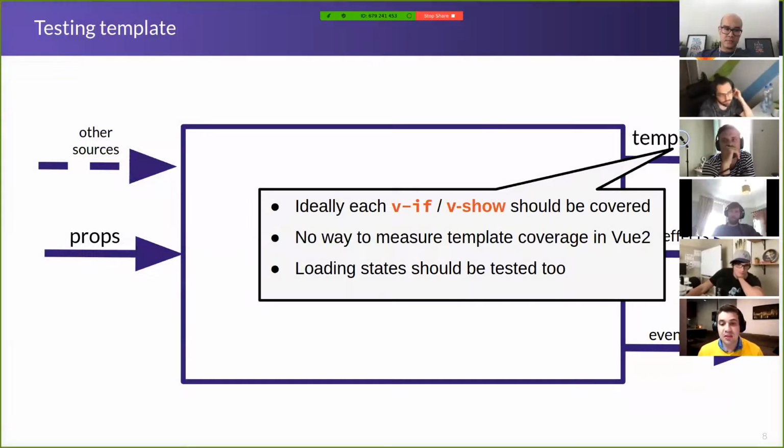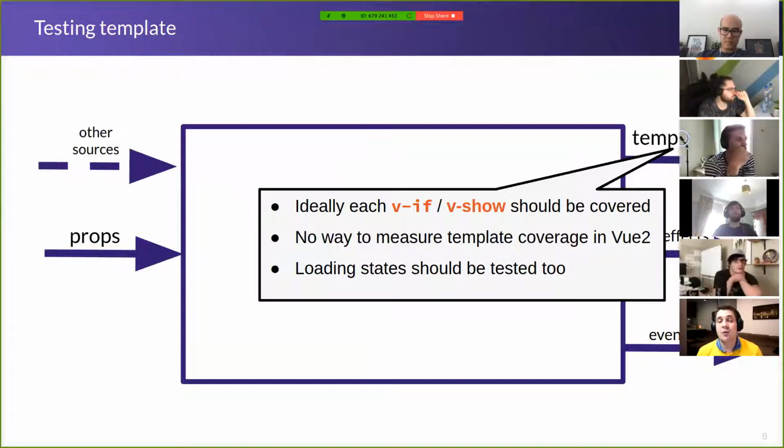So what about the template? Testing the template is simple in Vue 3, because in Vue 3 we have source maps, which allow us to have code coverage and to understand if all our template options are covered by our unit tests, which is usually a good idea and should be quite easy to reach.